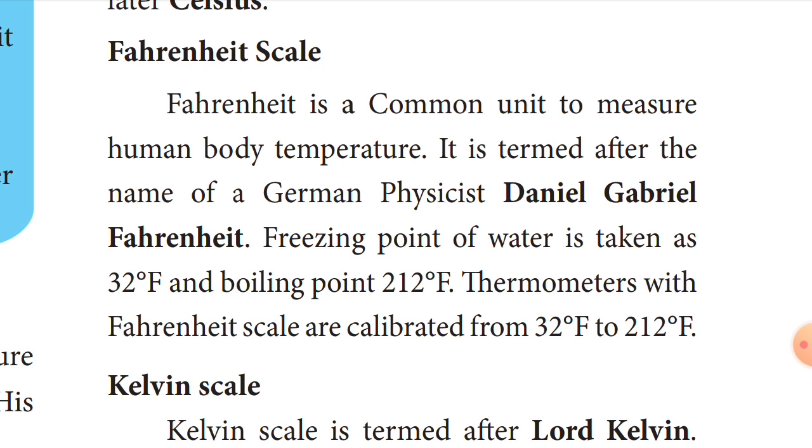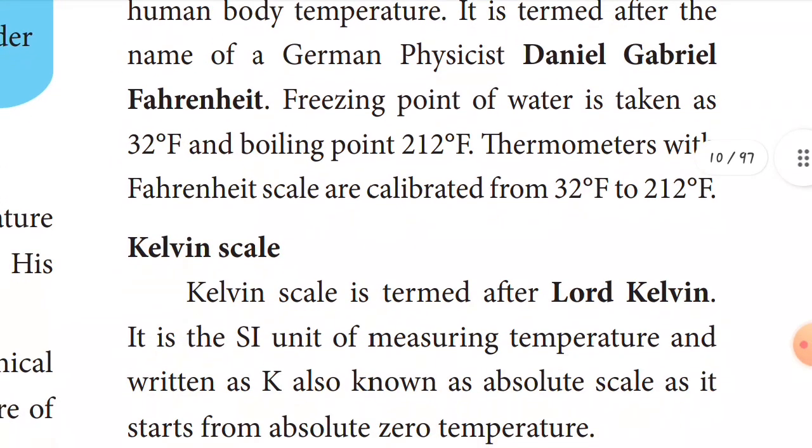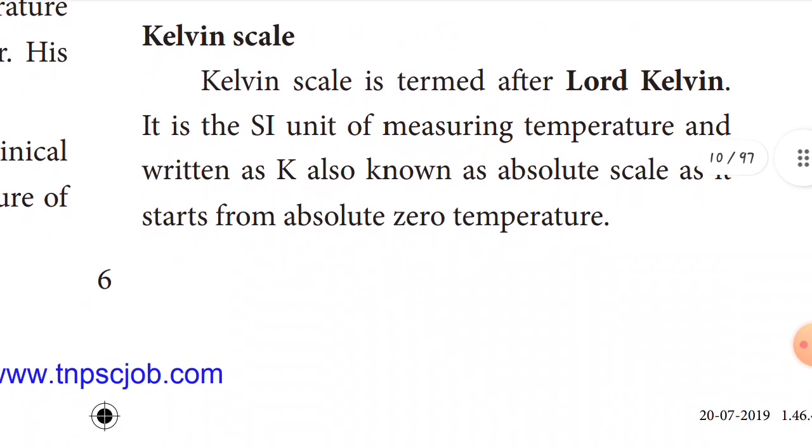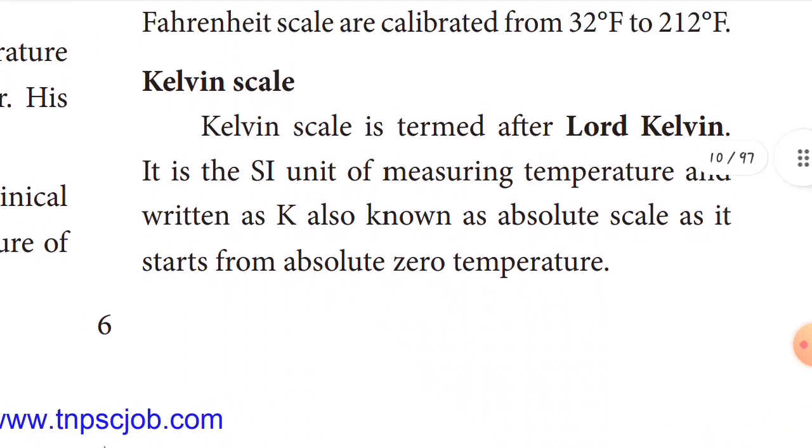The freezing point of water is taken as 32 degrees Fahrenheit, and the boiling point of water is 212 degrees Fahrenheit. Here the thermometer with the Fahrenheit scale is calibrated from 32 degrees Fahrenheit to 212 degrees Fahrenheit. That's all, children.